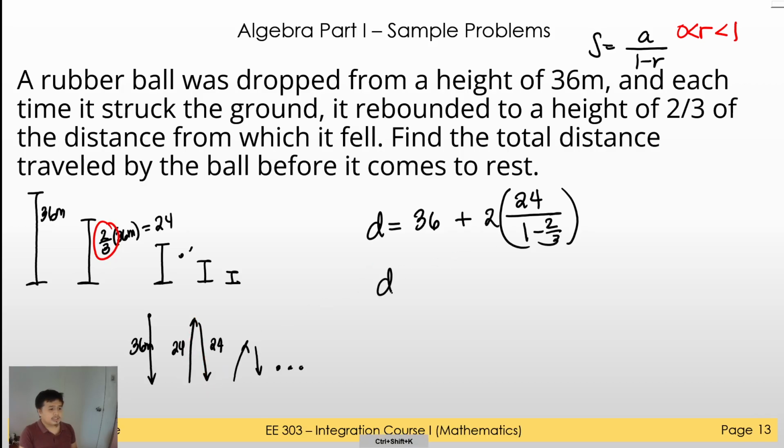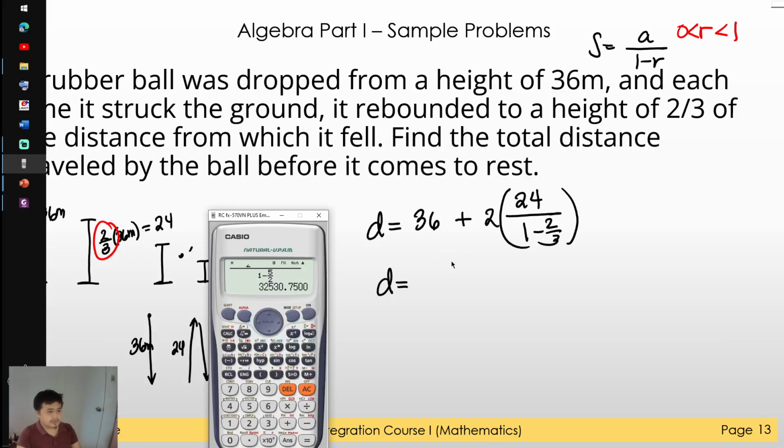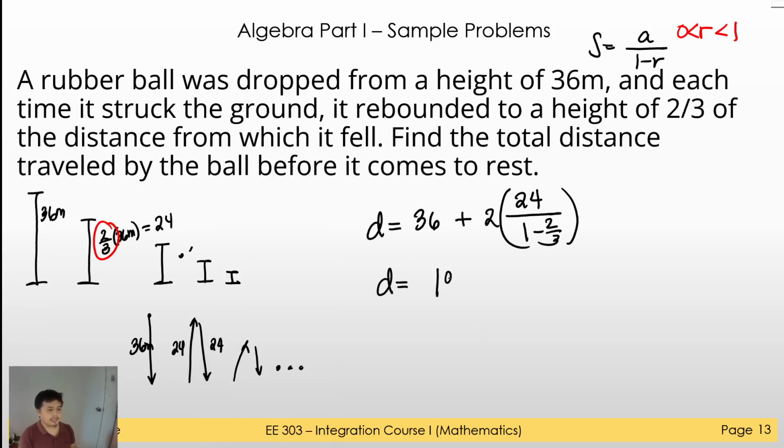Okay? So the total distance will be equal to 2 times 24 over 1 minus 2/3, plus 36. So we have 180 meters as our final answer.